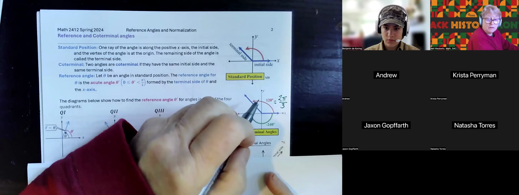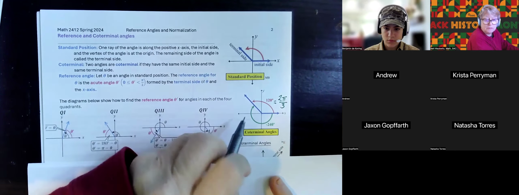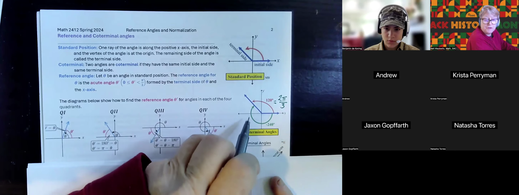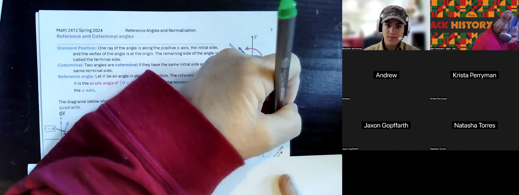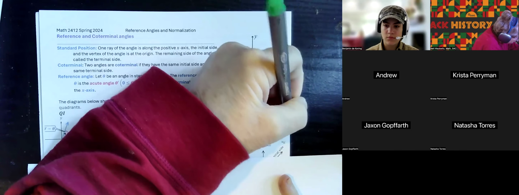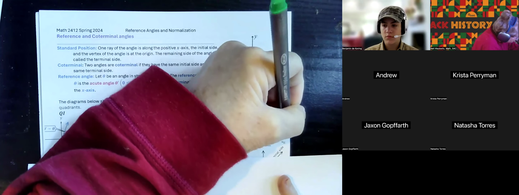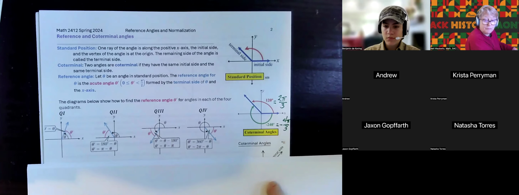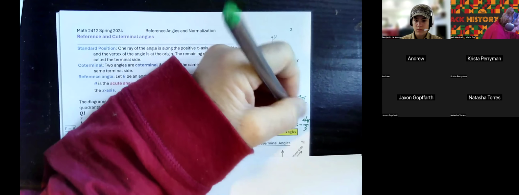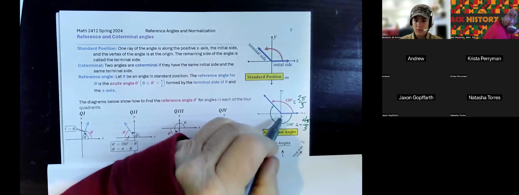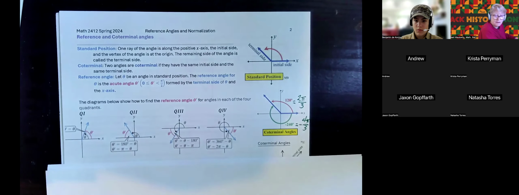That angle is coterminal with negative 240 degrees, which is negative 4 pi over 3 radians. So coterminal just means they have the same initial side and the same terminal side. It doesn't mean anything more.